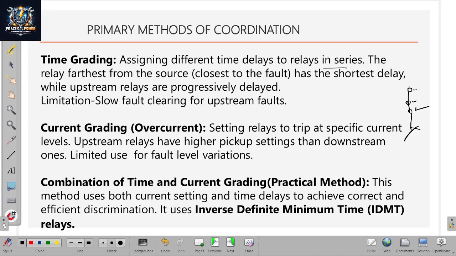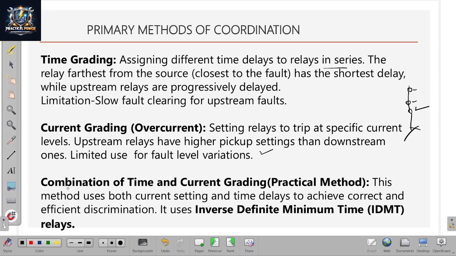Upstream relays have higher pickup settings than the downstream ones, so that they operate at a higher current than the relay at downstream. It has limited use due to fault level variation, and its use is very rare.